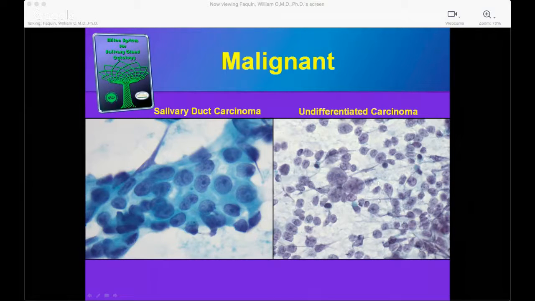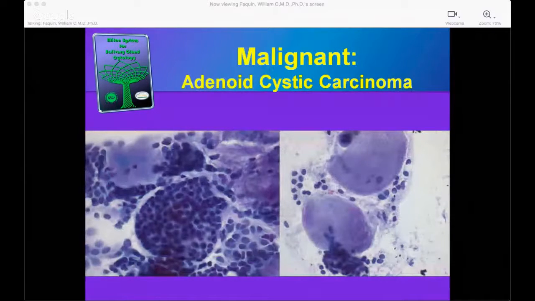Here on the right, again, we have an aspirate that's clearly malignant, and it's high grade, and that would be enough to help drive the clinical management. However, you'd want to do ancillary studies in order to subclassify this particular undifferentiated carcinoma.